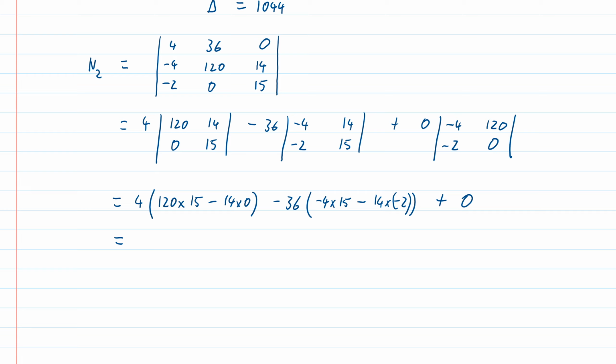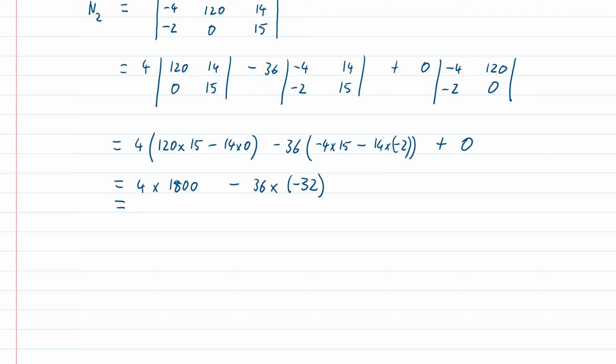Let's calculate this. So the term inside the brackets there is 120 times 15. So this is 4 times 1800 minus 36 times, in the brackets there, minus 4 times 15 plus 28, so that is minus 32, and the 0 does not contribute.